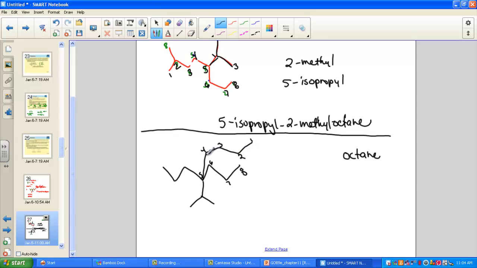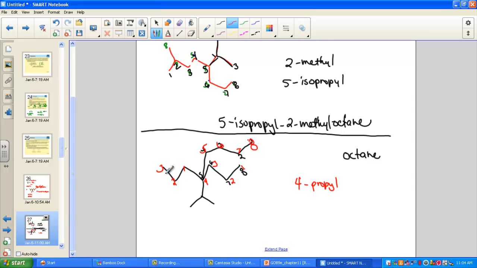I started up here 1, 2, 3, 4, 5. However, if I renumber 1, 2, 3, 4, that's a lower number for that position on the substituents. So at carbon 4, what do we have? Well, we have 1, 2, 3. We have a propyl group. And that's a straight chain, isn't it?